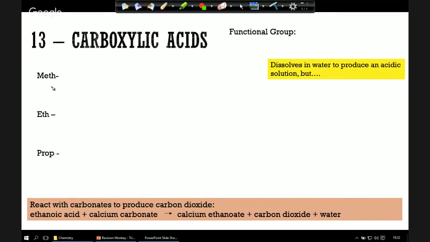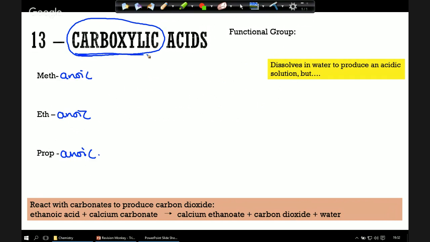So again, these prefixes we need to know, meth, eth, and prop for the carboxylic acids, and we call them methanoic acid, ethanoic acid, and propanoic acid. Don't be put off by this name, carboxylic acids. It's a really difficult name, but these are the things that we really need to remember: methanoic, ethanoic, and propanoic.